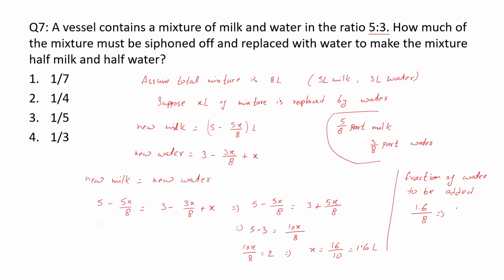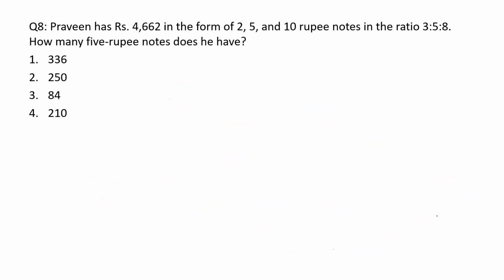This will give you 1 upon 5. So 1 upon 5 is the correct option because you want it in fraction. So 1.6 liters of water you have replaced in the mixture. Ultimately, how much fraction have you replaced? Total were 8, so the fraction is 1.6 upon 8. Next problem.